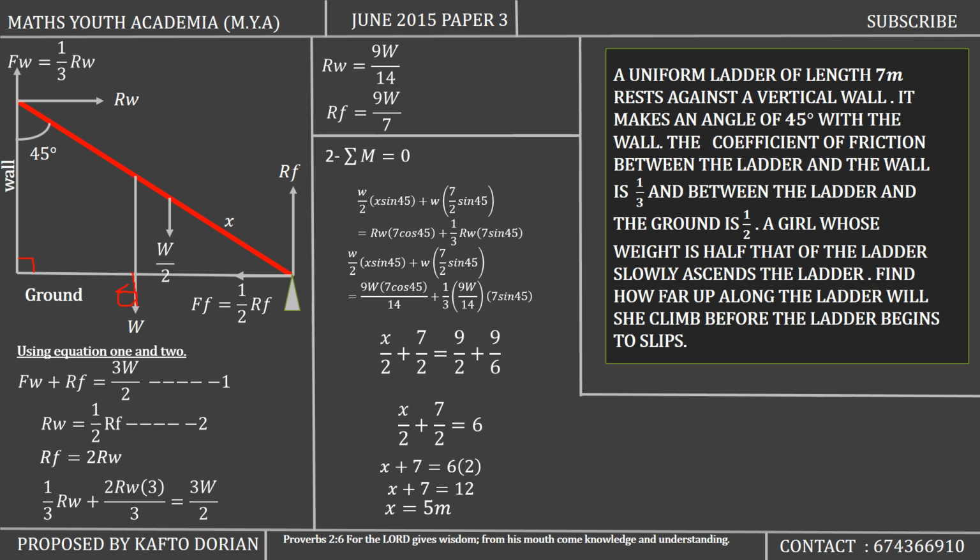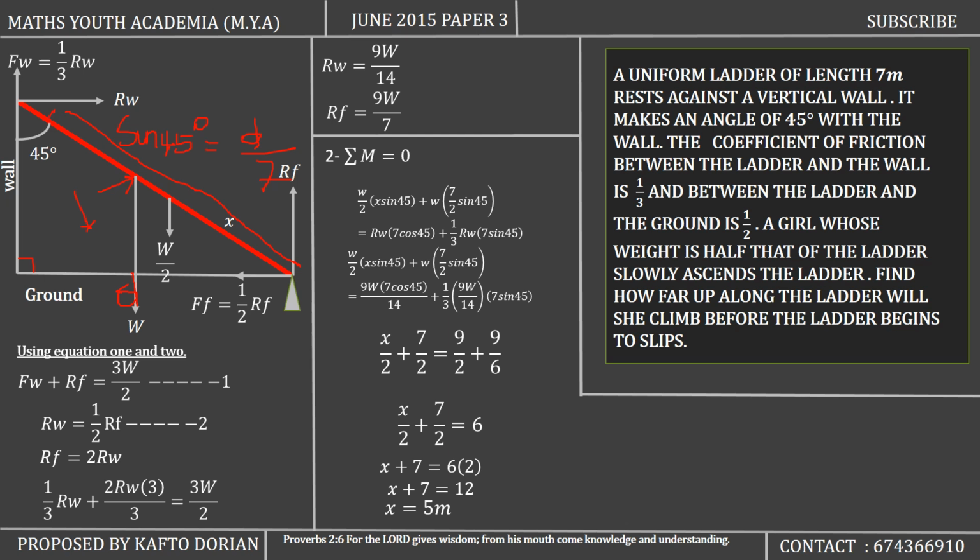So we will be having what? This is our D. So we are having sine 45 degrees equals opposite over hypotenuse. Our opposite is D. Our hypotenuse is what? 7 meters.